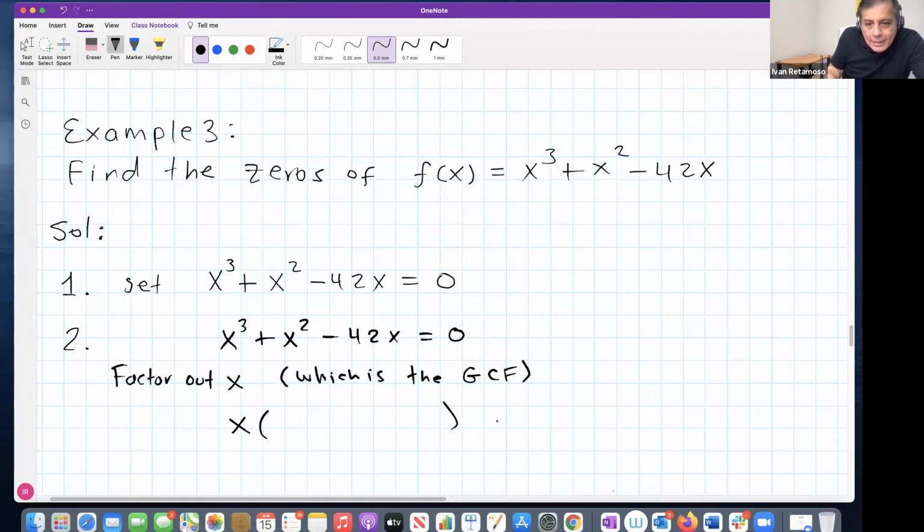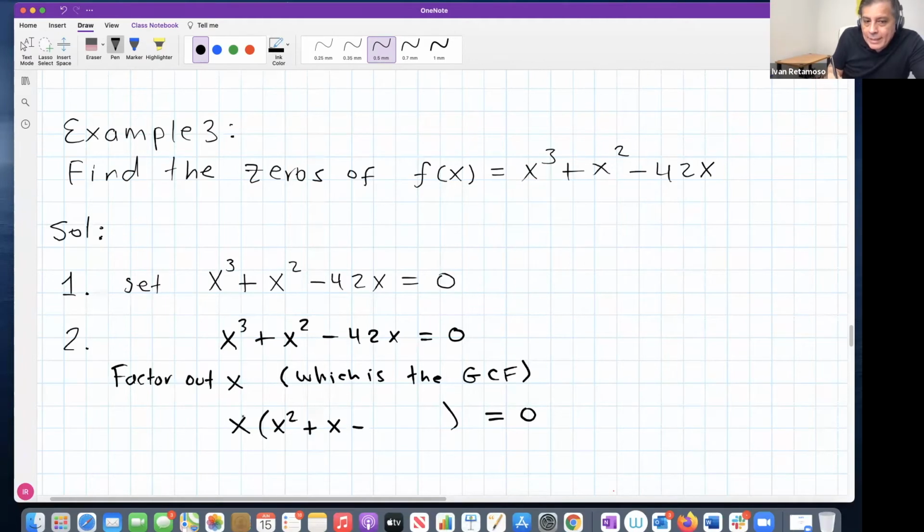If x is out, what is left? Well, x into x cubed is going to be x squared. Remember, when you divide 2 powers, you subtract the exponents. The invisible 1 is the exponent here, subtracted from 3 is 2. Plus x into x squared now, x raised to 1, so this is 1, this is 2, subtracting exponents gives 1.